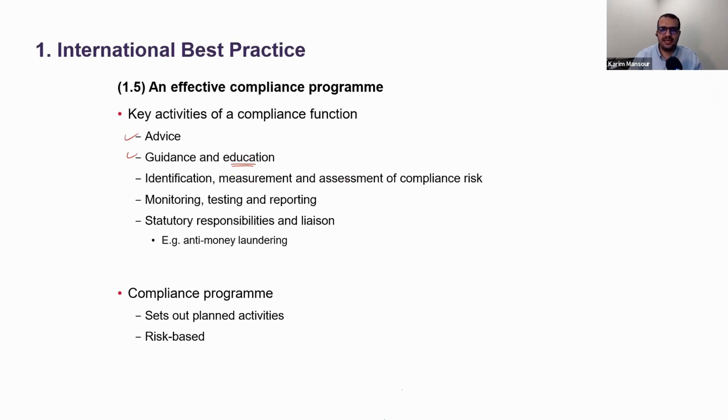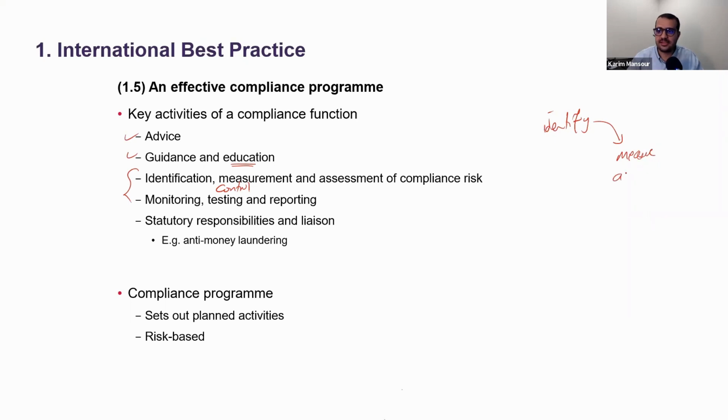Identify, measure, assess, monitor, test, and report. Testing can be control. This is usually a cycle which starts with identifying a compliance risk. For example, we're not adhering to this section of the regulator's code. After that, you measure, which basically gives it a number.